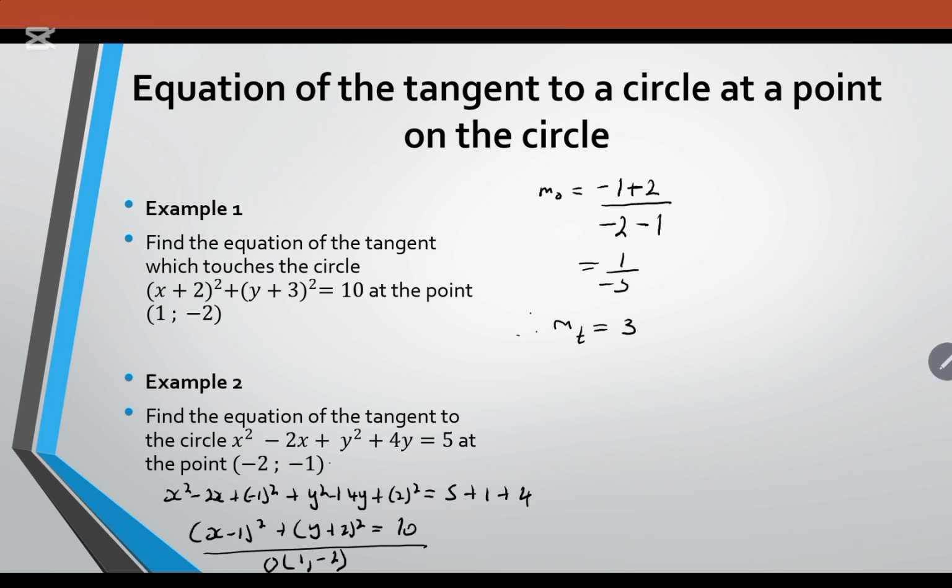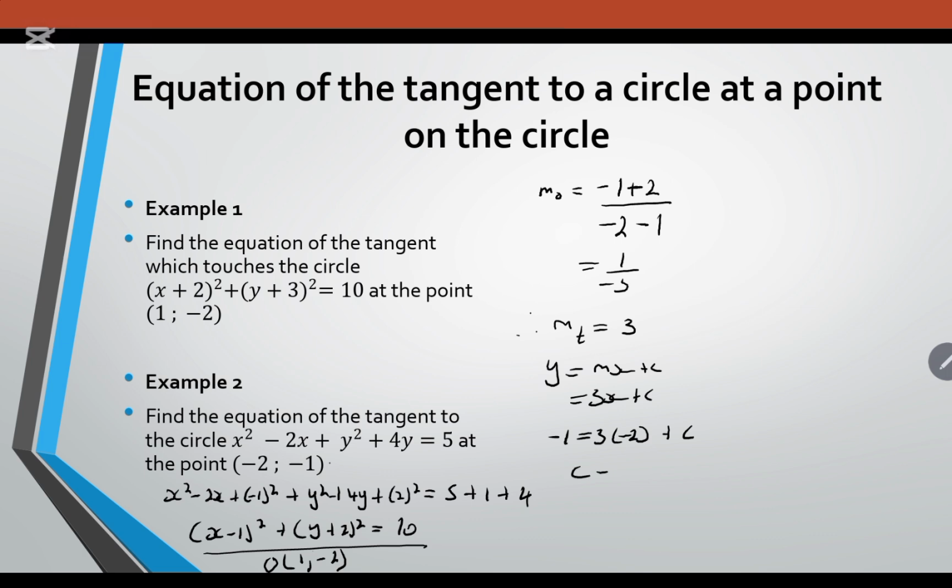Now, the point of contact is -2 and -1. So y is equal to mx plus c. We substitute, that is 3x plus c. And we take the point of contact and plug it in. As -1 is equal to 3 into -2 plus c.